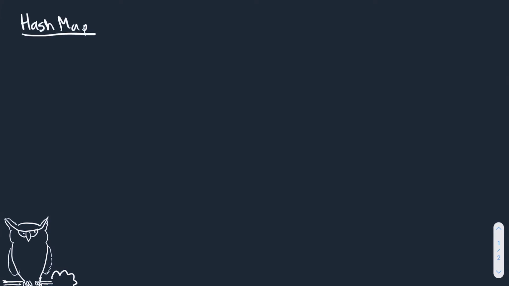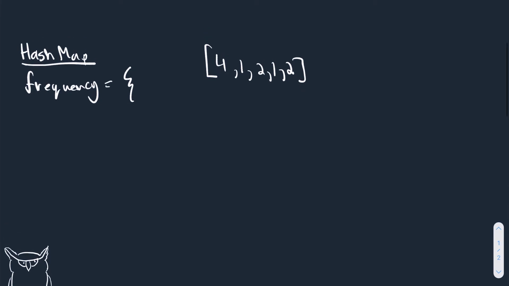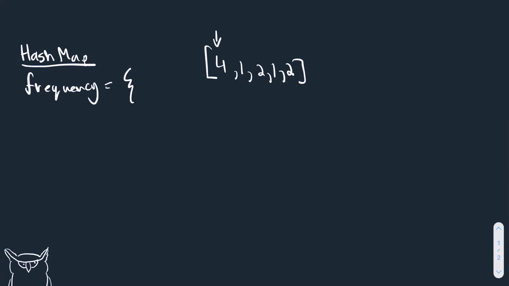Essentially, what we would like to do is iterate through the entire array, keeping track of how many times each item appears. So we can call this hash map frequency. And essentially, using the second example, we would iterate through this array, adding to the hash map each time. So on the first iteration, we add a new element, which is 4 with frequency 1.